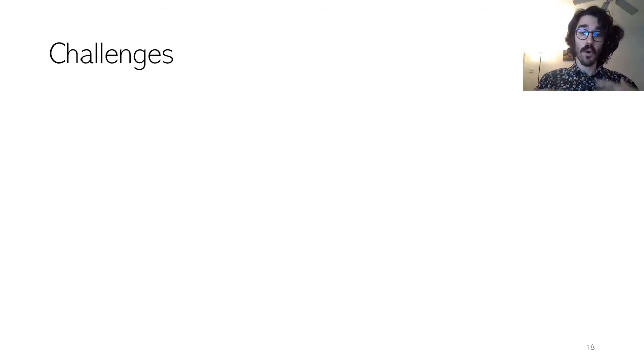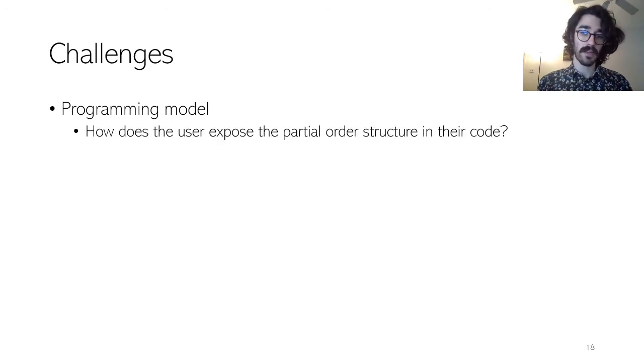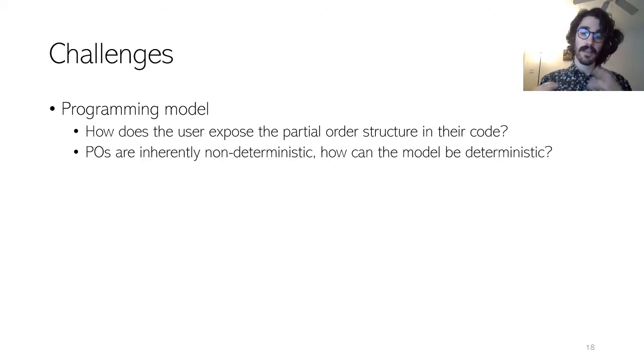Implementing or exposing this partial order when programming on these partial orders is actually challenging, though. For example, in the programming model layer, there's a question of how the user exposes the partial order in their code. Partial orders are also inherently non-deterministic to program with, because different unordered events can arrive in the system in different orders, and therefore there is inherent non-determinism there.